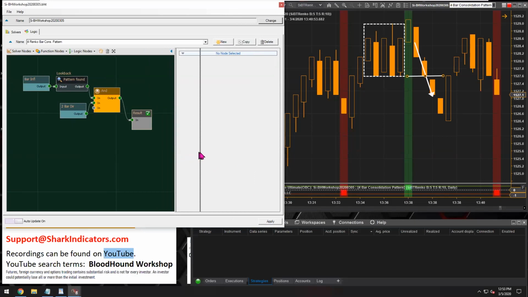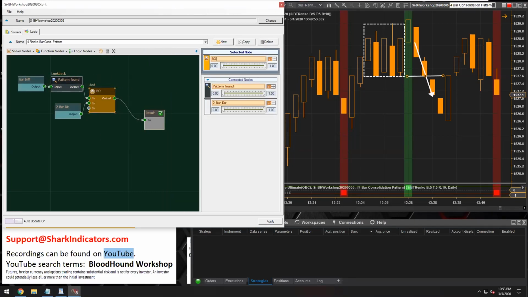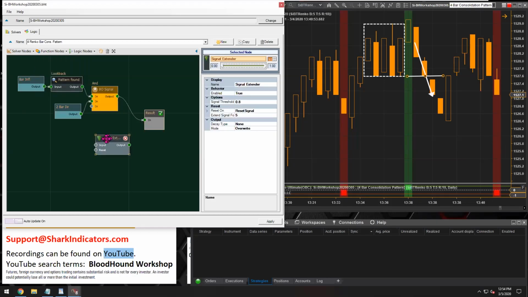So just to illustrate. All right. So this is kind of like the breakout signal here. And then I'm kind of wondering if a signal extender is needed, or if I could just simply use a look back. I'll just grab a signal extender.